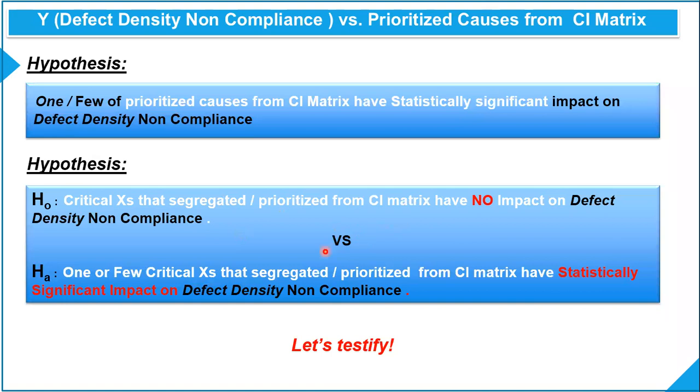Versus our HA, that is the alternative hypothesis, is that one or a few critical X's or critical causes segregated or prioritized from the CI matrix have a statistically significant impact on defect density non-compliance. This is the ultimate thing you want to do. This is what you want to find out. So let's go to the next slides and try to understand how we're going to test it.